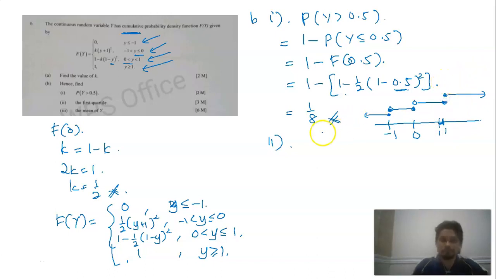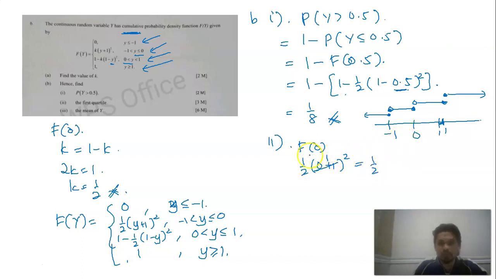So if I substitute 0 in the function, k multiplied by (y plus 1) squared, as we know k is half, so 1 over 2 times (0 plus 1) squared. 1 squared is 1, 1 times half is 1 over 2.